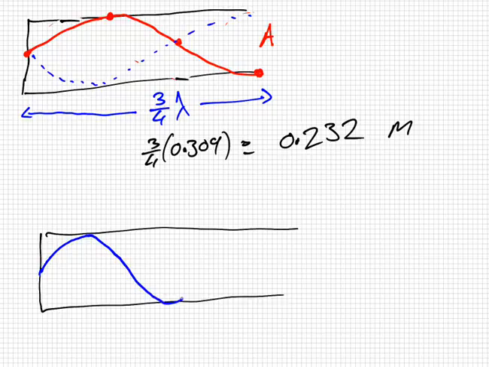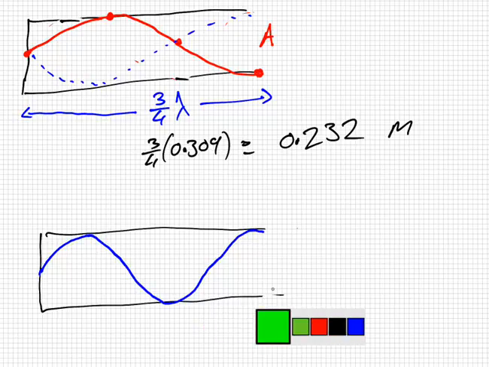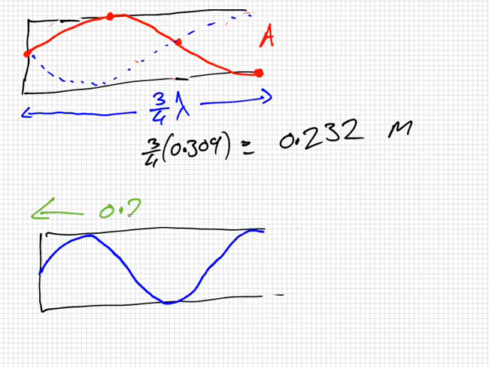Let me explain. I'm going to give you a trick, okay? What is the first harmonic for this? It looks like this, doesn't it? We did this one in class. So the second harmonic is 2 of these. The third harmonic is 3, and so on.